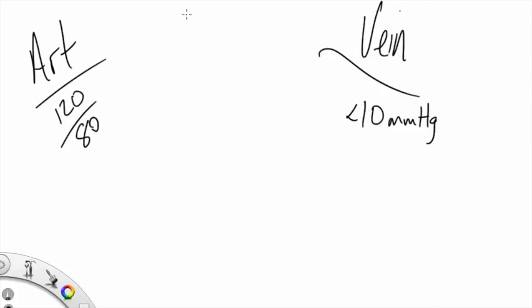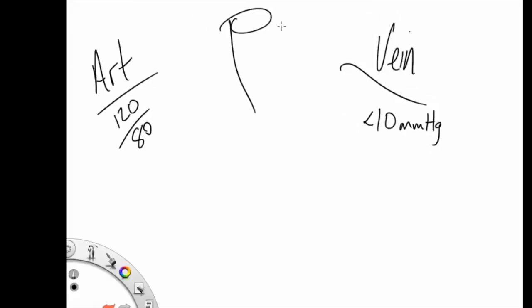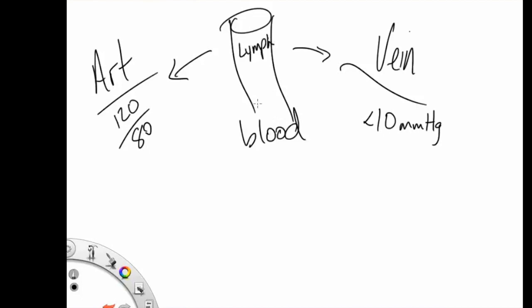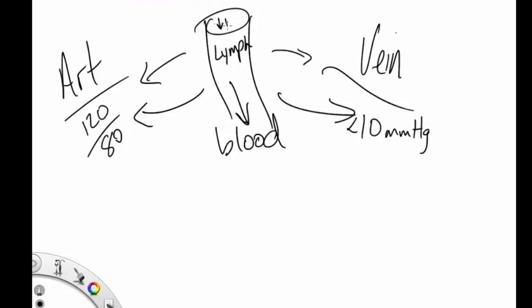So let's picture this. We have a lymphatic vessel, and it needs to either attach to a vein or an artery because its whole job is to return fluid to what? To the blood. So here's my lymph. It wants to get to the blood. It's got a choice. It can attach to an artery or it can attach to a vein. Lymphatics have low pressure.